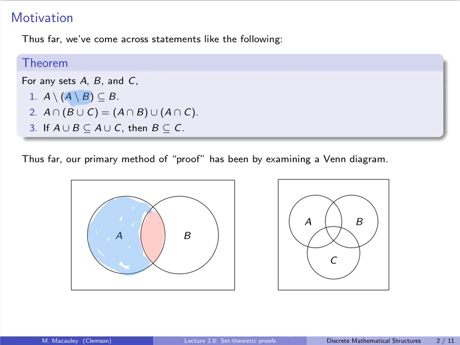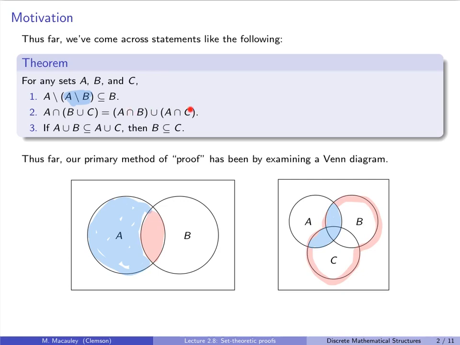So the second one is the distributive law. Let's verify that this works. So the intersection of A and B union C. B union C is, let's see what color I want to use for that. How about this? That's everything that's inside here. And if I take the intersection of A with that, then I get this little blue region here.